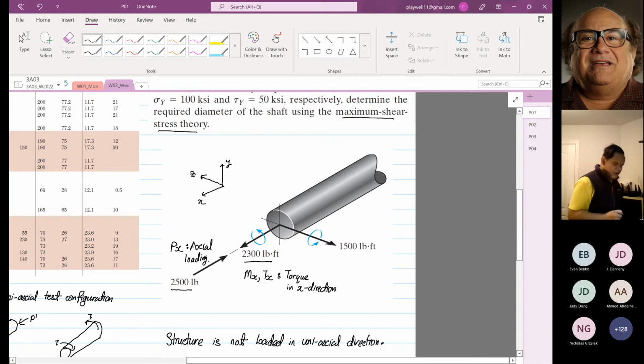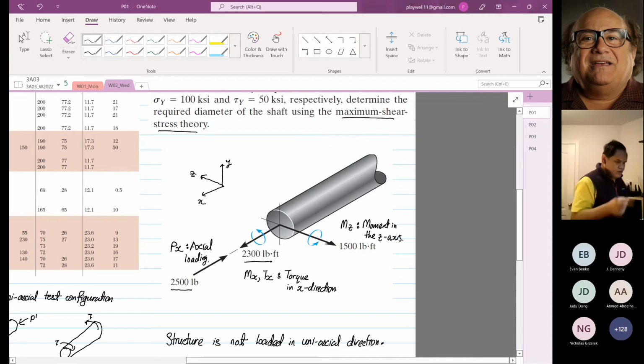And then we have a moment in the Z direction. Okay, so moment in the Z axis. Z axis.